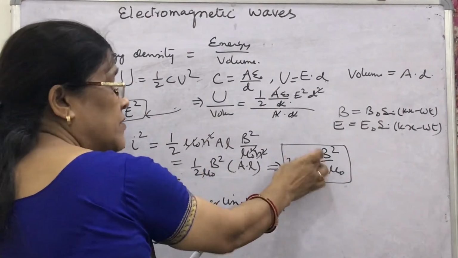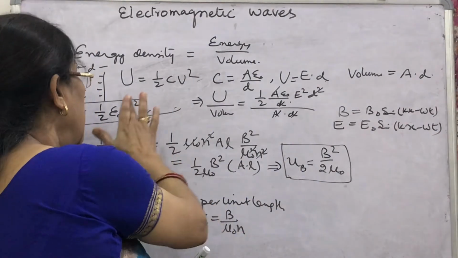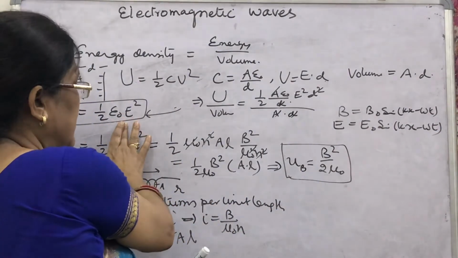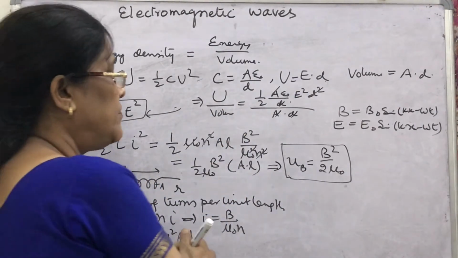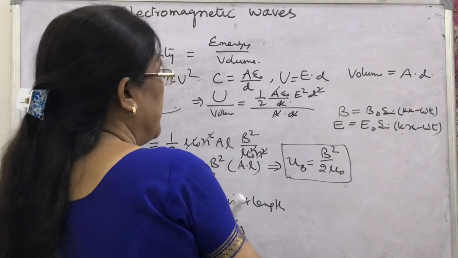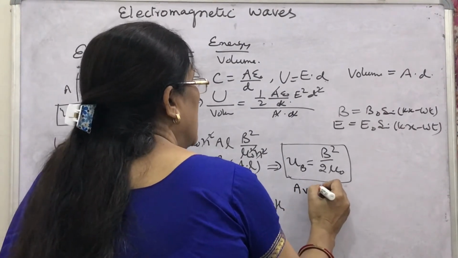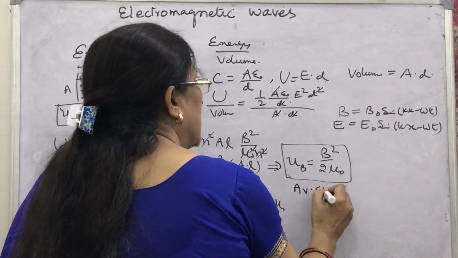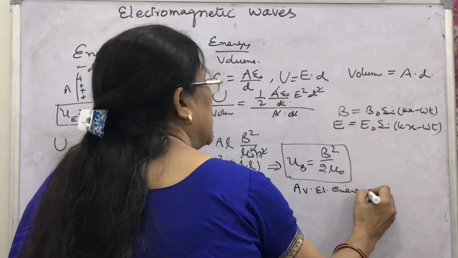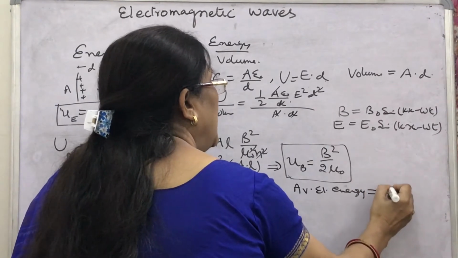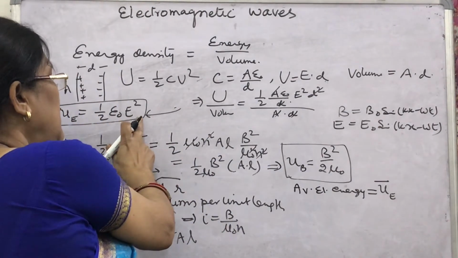Since E and B are variable, changing with time, you have to calculate the average value of the electrical energy and the magnetic energy. How will you find the average value? I am calculating here the average electrical energy. In the electrical energy form, you will write U_E bar. What is U_E here? Half epsilon naught E square.